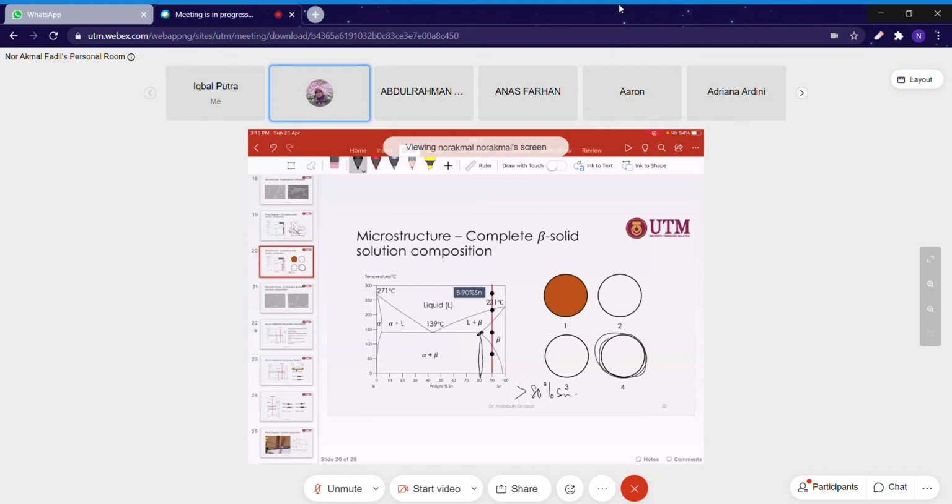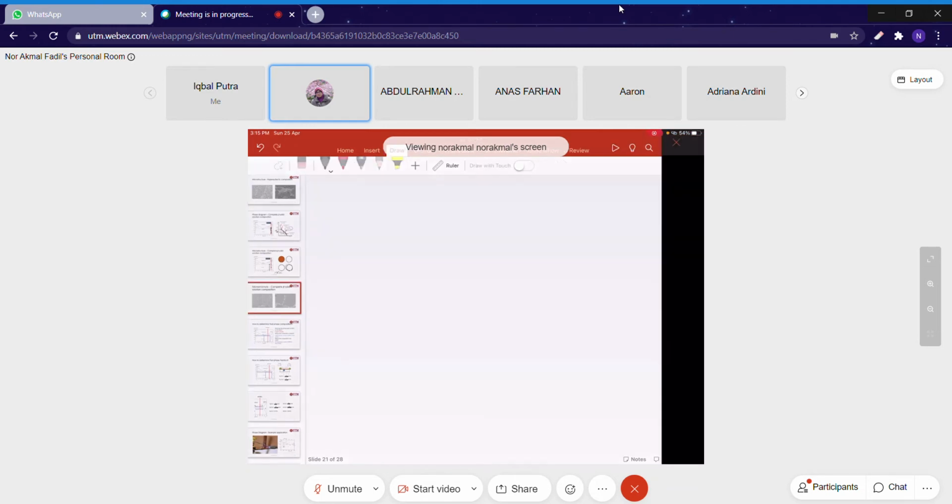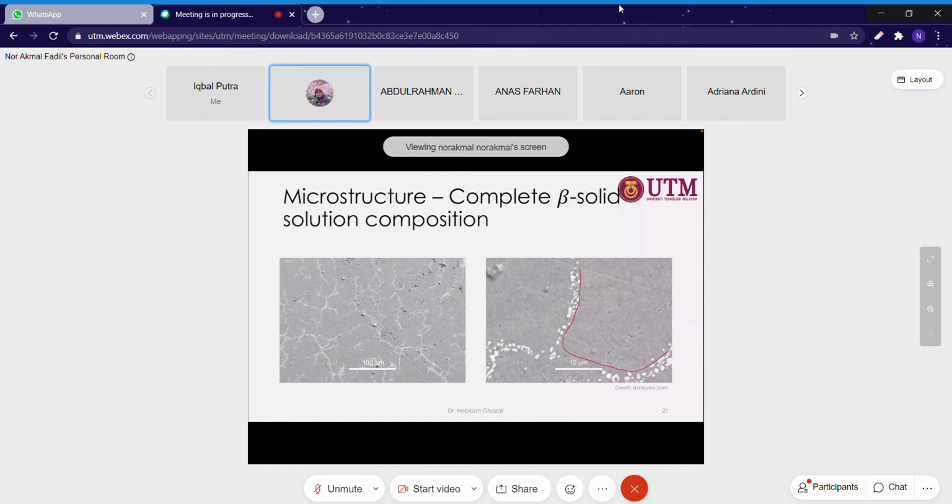Okay, next is the microstructure of complete solid solution of alloy for bismuth stannum. If you look at this microstructure, the large grain like this is the primary beta. Why? Because when we solidify a metal, if the grain or nucleus forms inside the molten material, this nucleus will grow larger and they will meet at the grain boundary.